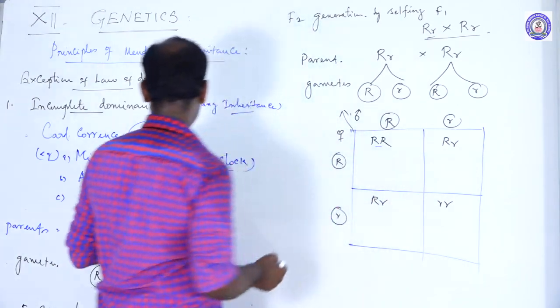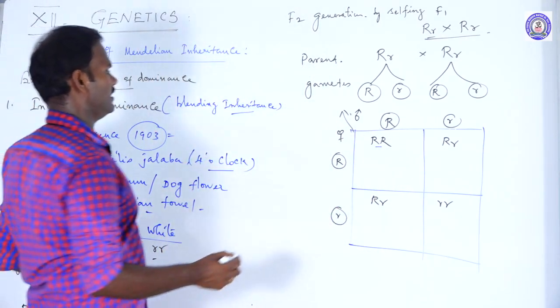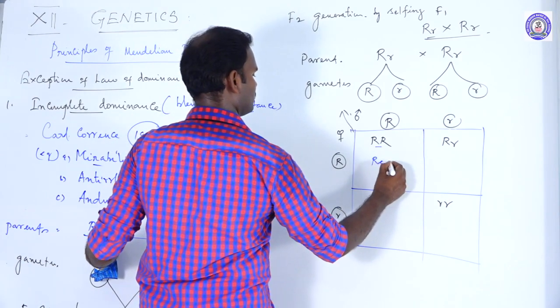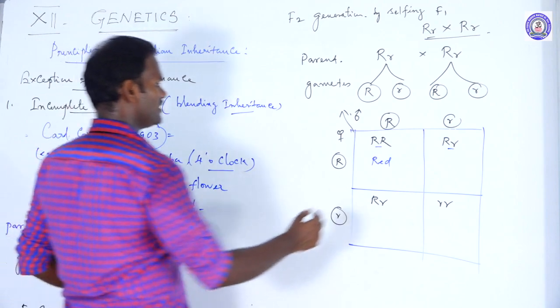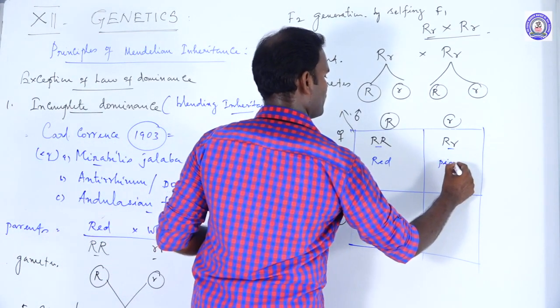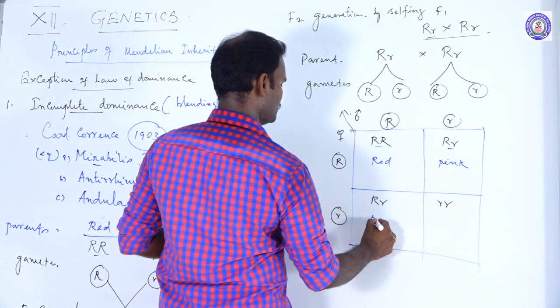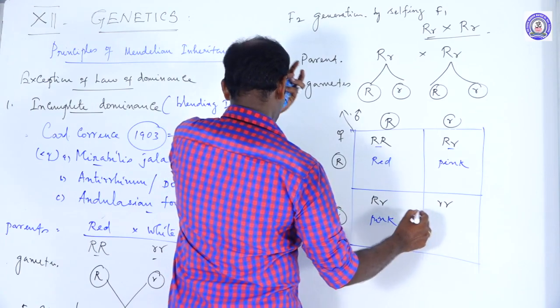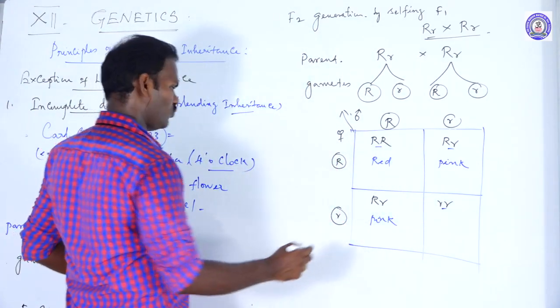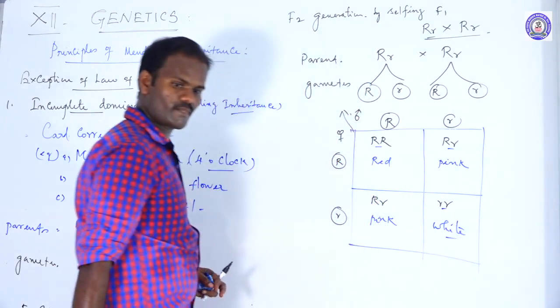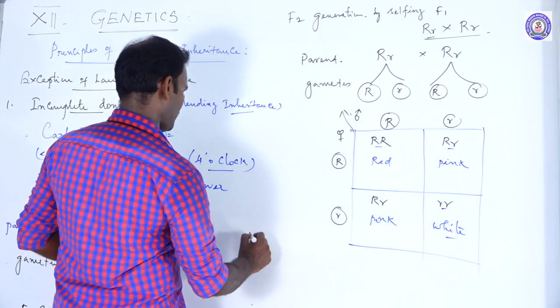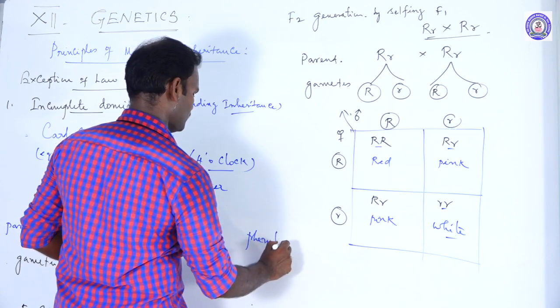Capital R, capital R is a red flower. Capital R, small r is a pink color flower. Pink, here also pink. Small r, small r is a white flower.